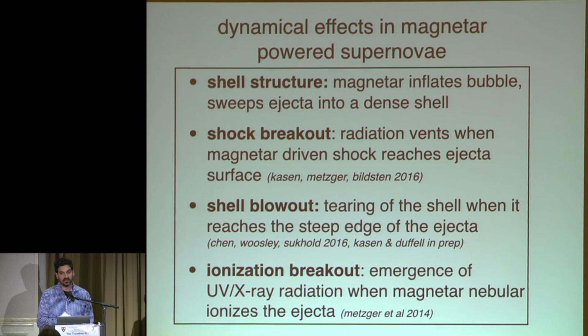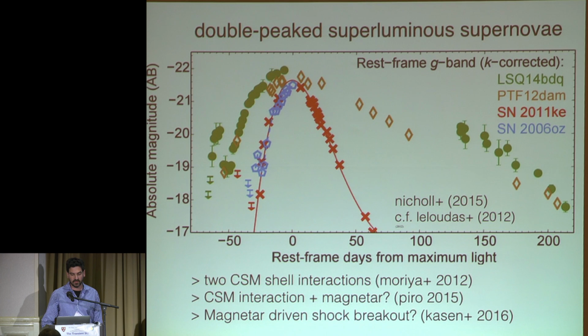And if they're strong enough, they can actually ionize the entire ejecta at some point, and you may actually see that non-thermal X-ray emission escaping directly. And even if you don't see the X-ray emission, the escape of it may lead to some inefficiency in the thermalization, which may have implications for the optical light curves as well. So those are some more detailed pictures that we've seen.